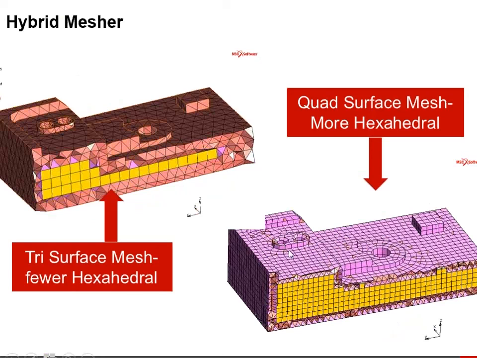If we had our quad-dominant surface on the exterior, we'd typically have prism elements on the exterior, possibly some tetrahedral elements in between, and typically more hexahedral elements. You might say here your mesh was much thicker, but even if I had made this a smaller mesh, that would have been true.